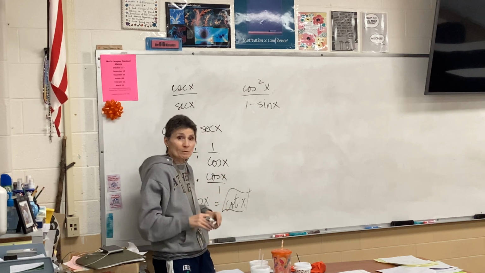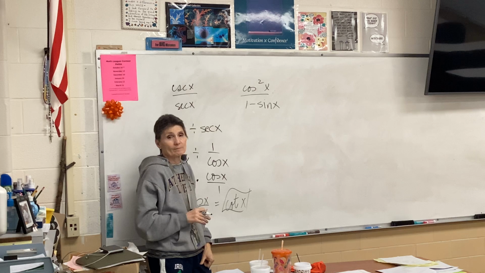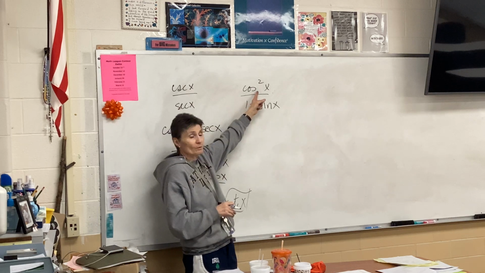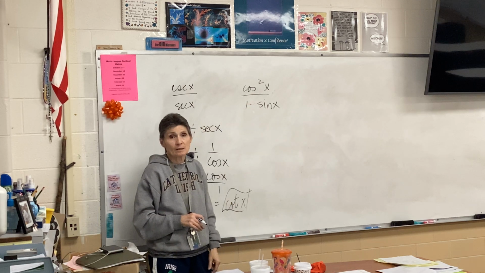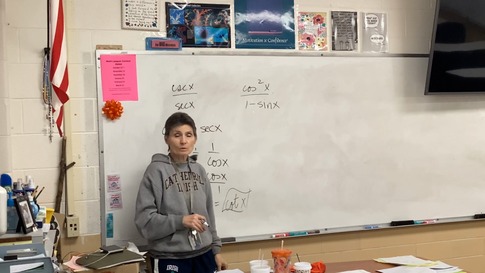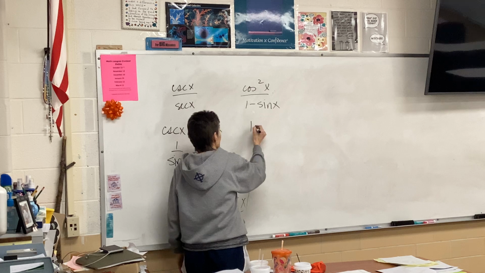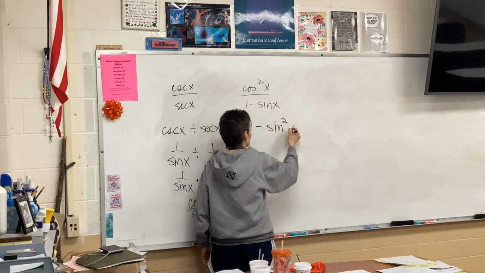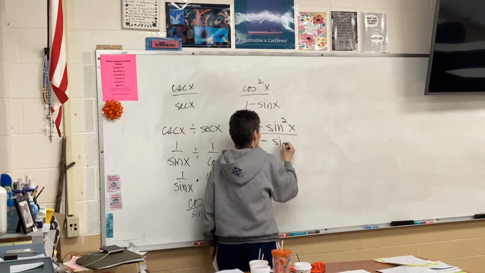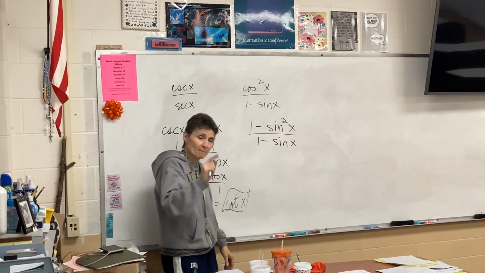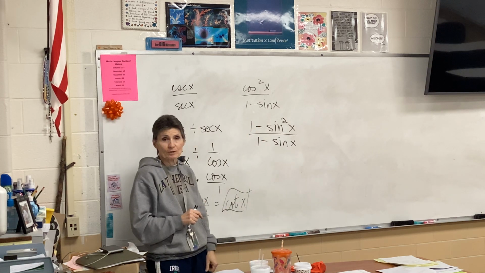So here's what you have to do. It's tricky. You have to remember that cosine squared, and if you look on your reference sheet, we've done it a million times, cosine squared is 1 minus sine squared. Don't even think about canceling, they don't match.